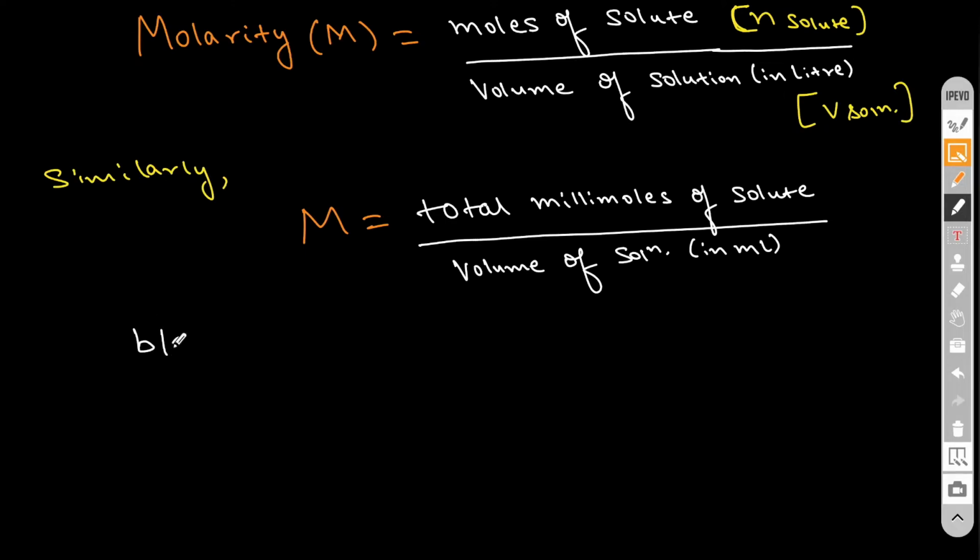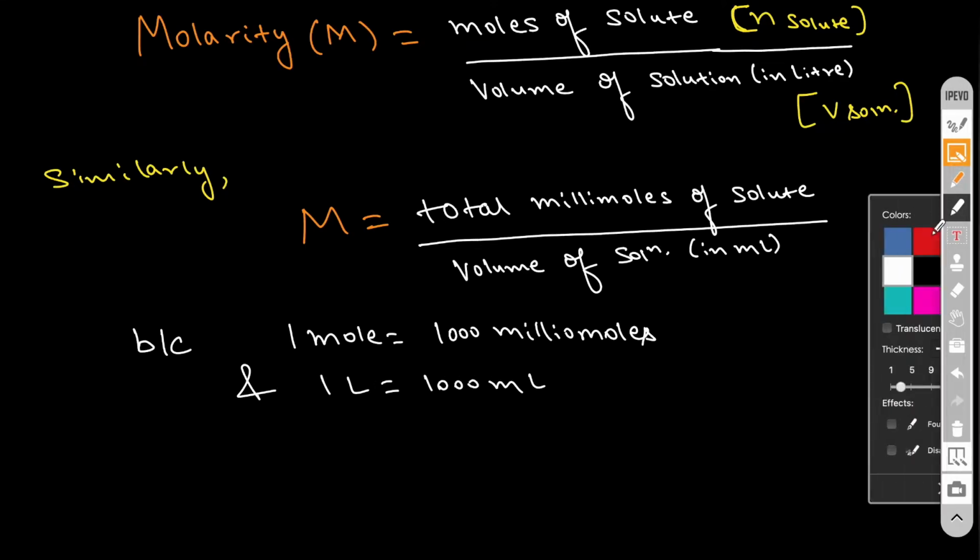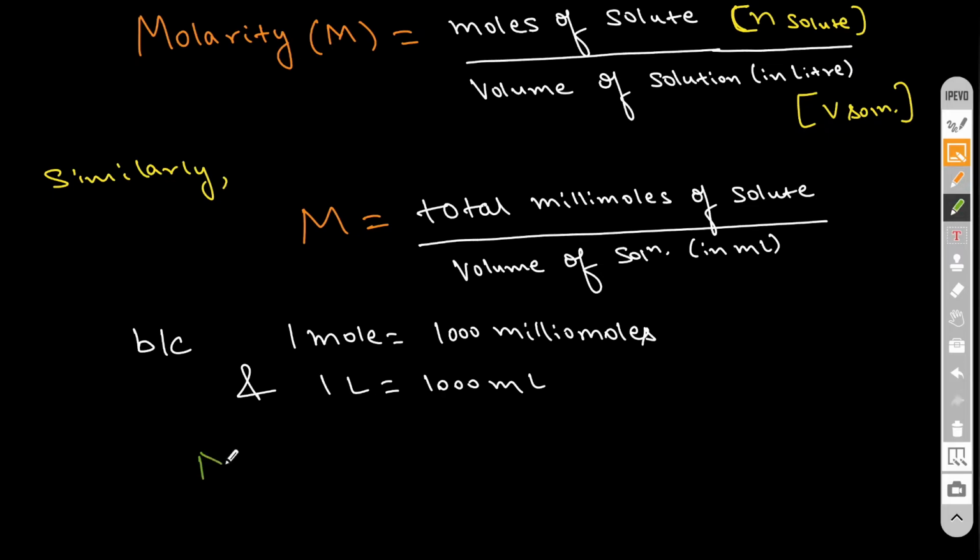We can write this because 1 mole is equal to 1000 millimoles and 1 liter is equal to 1000 milliliter. Simply, when you put these values, you will get the above results.